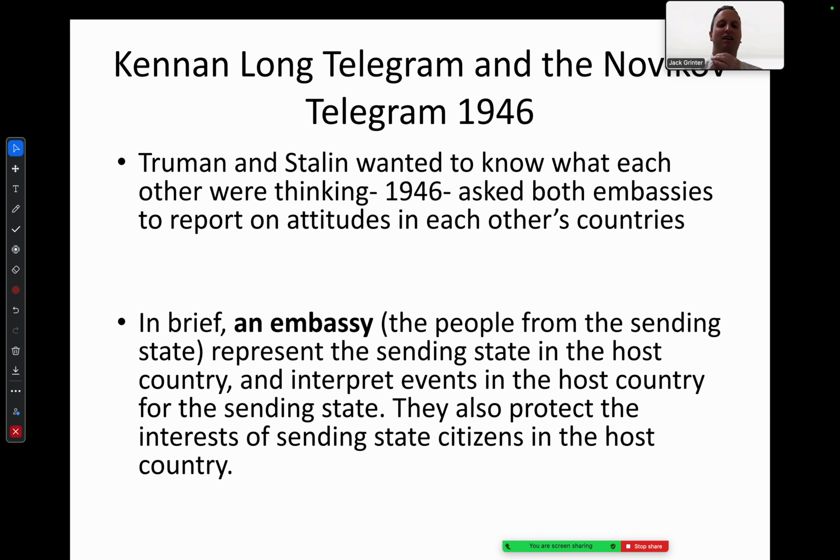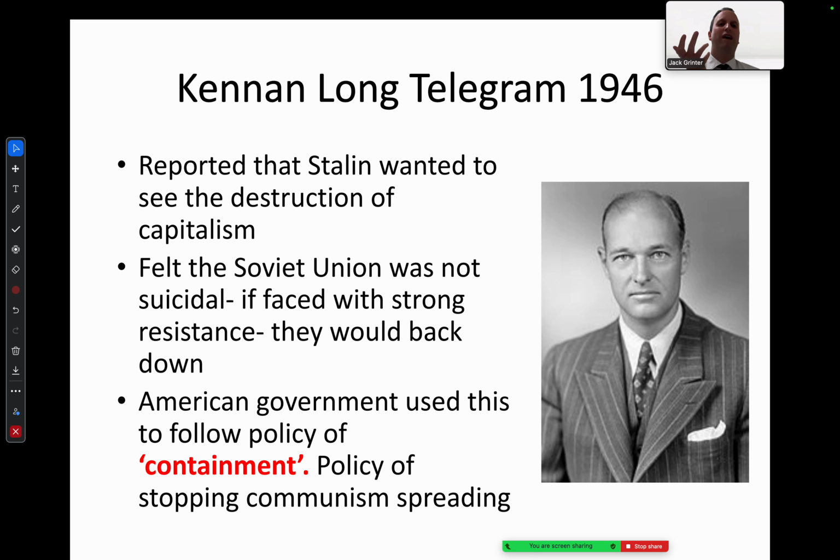So they asked a diplomat who worked in the embassy in the country they were based in. Kennan, for example, is an American citizen, but he works in the American embassy in Moscow, and likewise the opposite with Novikov. They asked them to produce a report about what that country is thinking.